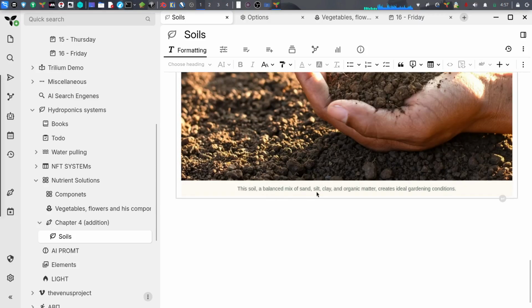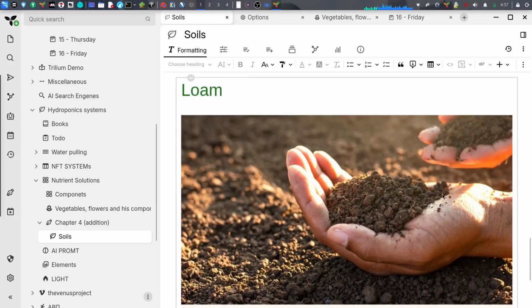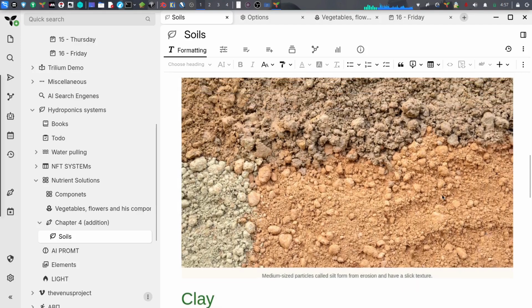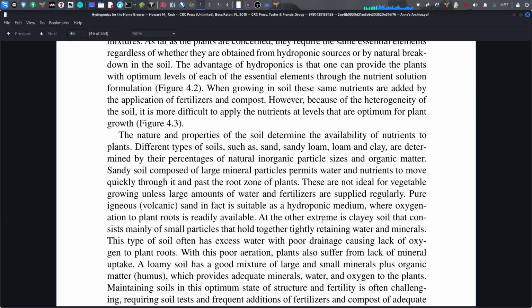Loam, the mix of sand, silt, clay, and organic matter, creates ideal gardening conditions. There are different types mixed. Loam and clay are determined by their percentages of natural inorganic particle sizes and organic matter.